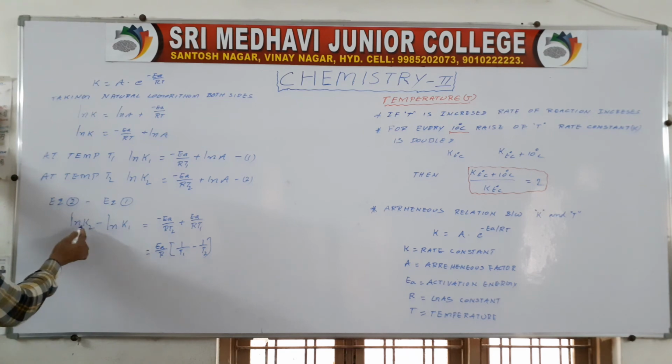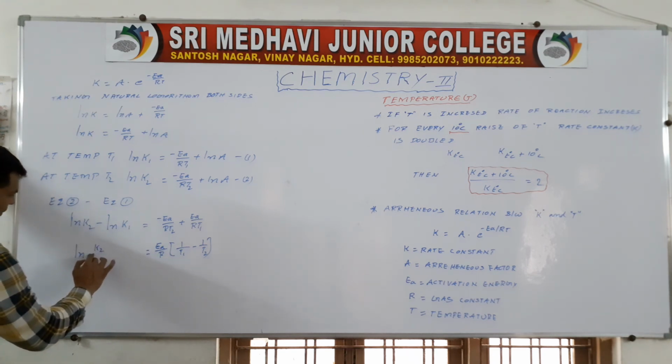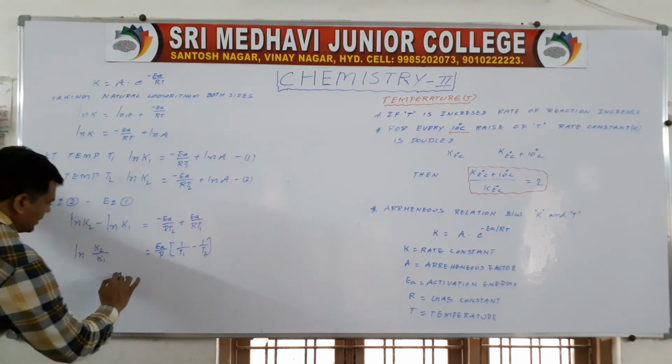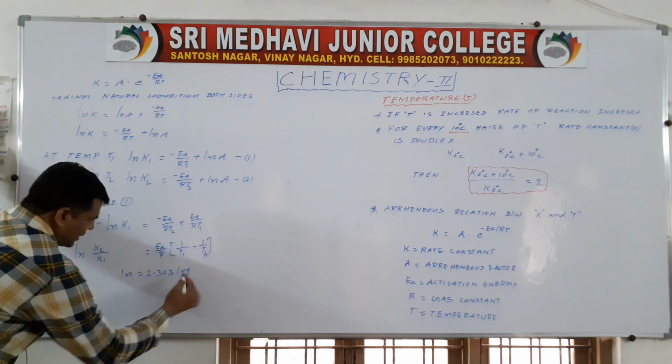Log A minus log B is log A by B. Natural log equals 2.303 log.